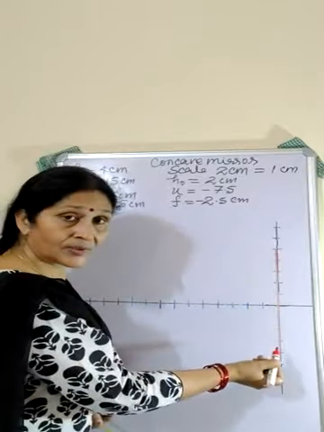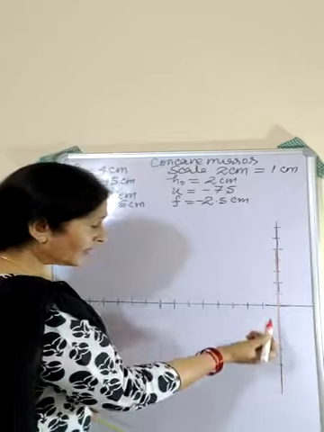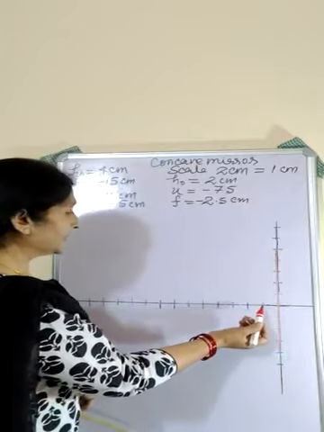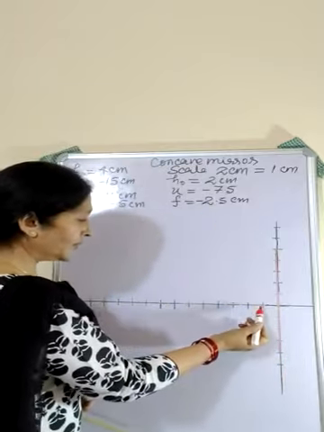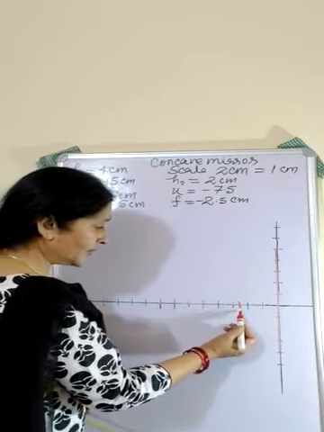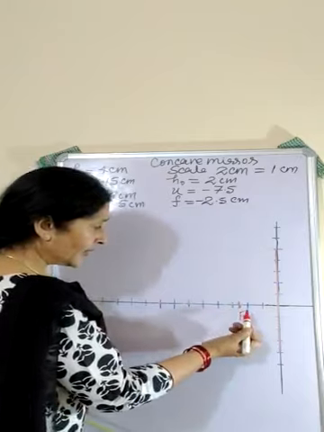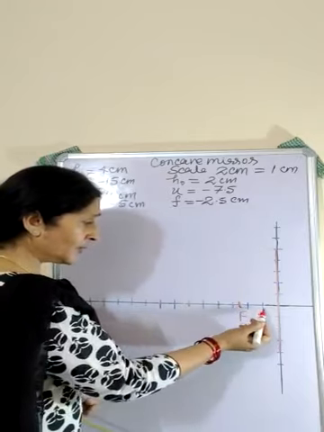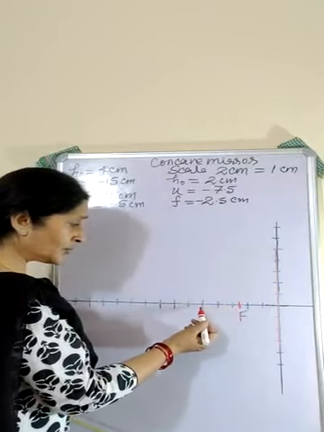Is it visible to you? Now the focal length is 2.5. The focus will be here. And the center of curvature will be 1, 2, 3, 4, 5 here.